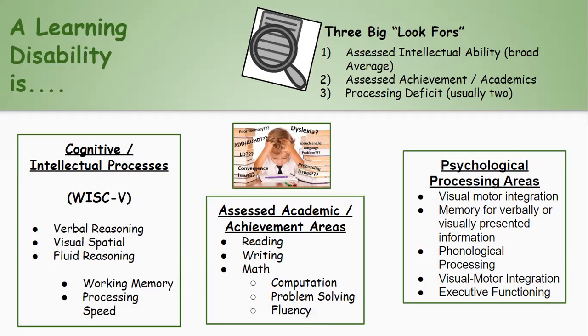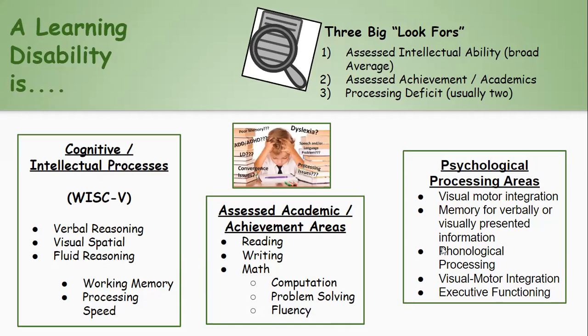So let's say that they're not performing to their potential, perhaps their reading and their writing is below where we would expect it to be based on their cognitive ability. We then need to move to the 3rd area and ask ourselves, why? Why is that child not able to work to their potential? And so then we look at psychological processes or areas of processing that are weak.